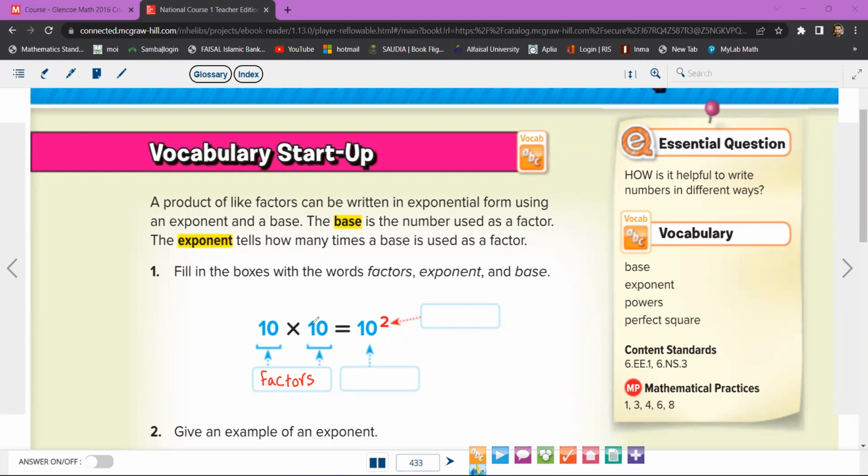Since the number 10 is repeated, 10 is the base. 10 is repeated 2 times in multiplication, so 2 is the exponent. So the number that is repeated in multiplication is considered the base, and how many times it's repeated is considered the exponent.